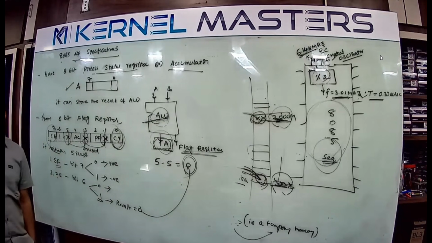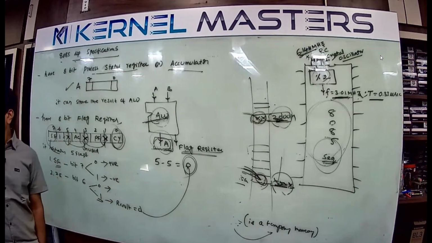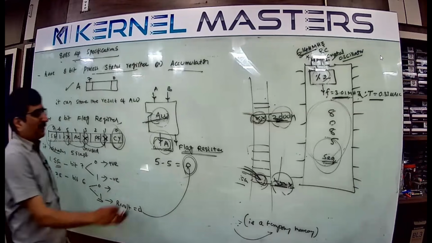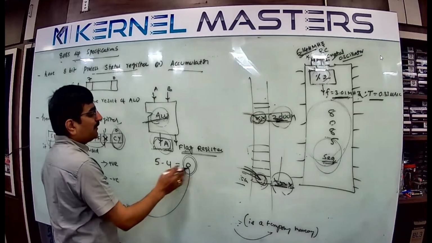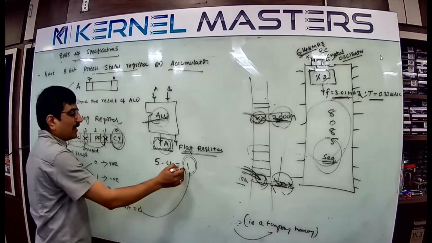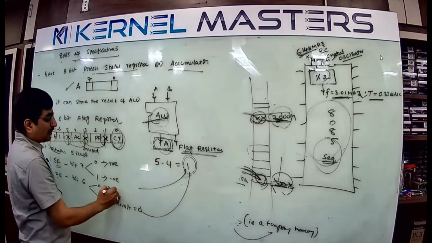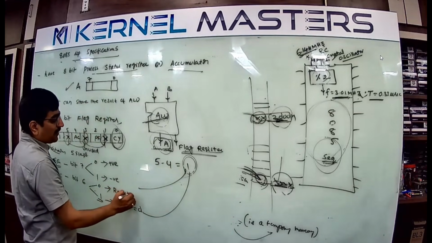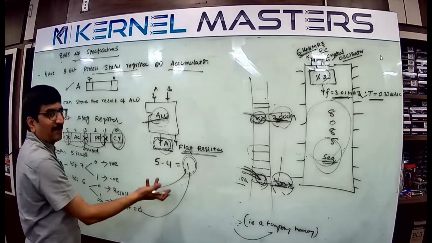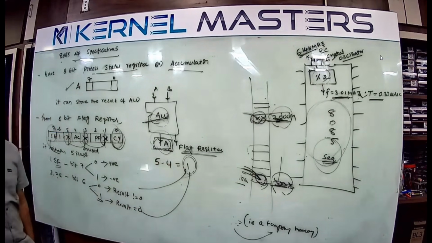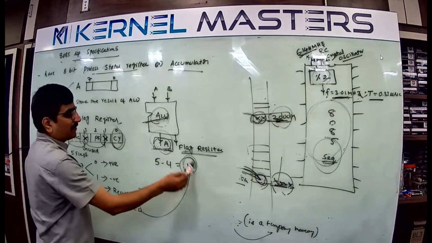For example, subtracting 5 minus 4, the result is 1. This is a result not equal to 0, any positive or negative number.